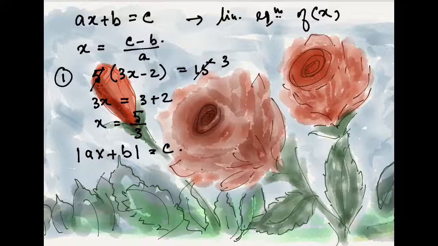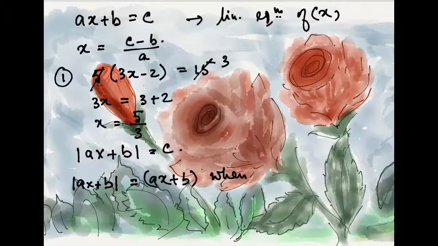Simply recall what we have learned about absolute value. |ax plus b| is simply ax plus b when ax plus b is greater than or equal to 0.